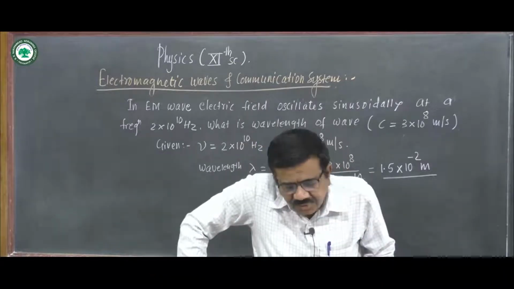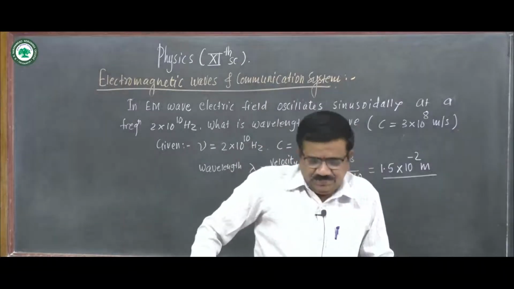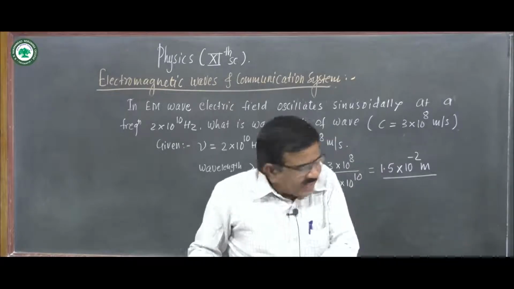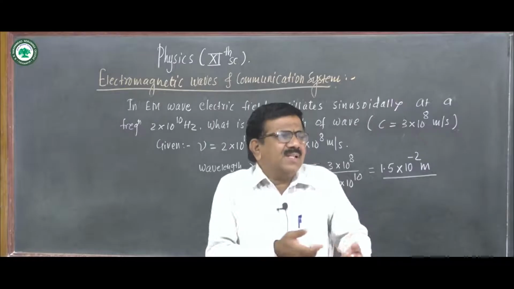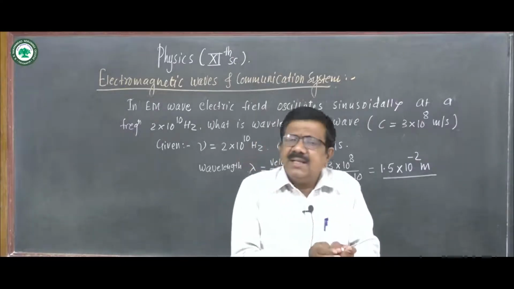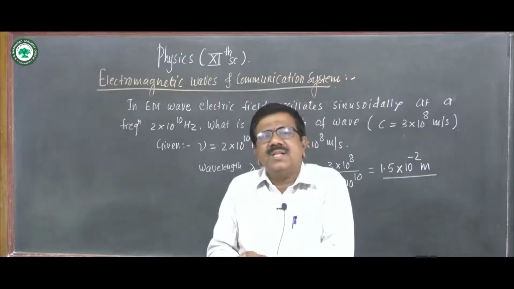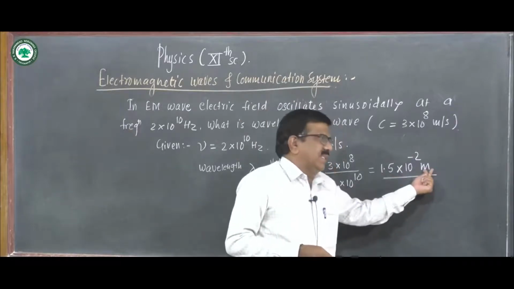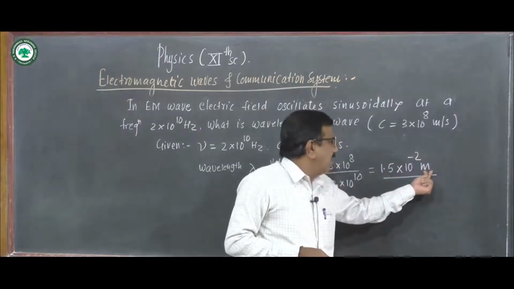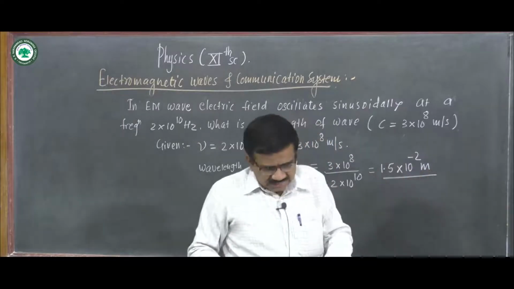The wavelength of the wave is 1.5 into 10 raised to minus 2 meter. Such numericals carry 2 marks: half mark for the formula, half mark for substitution, 1 mark for the correct answer with unit. If the unit is wrong, half mark will be deducted.